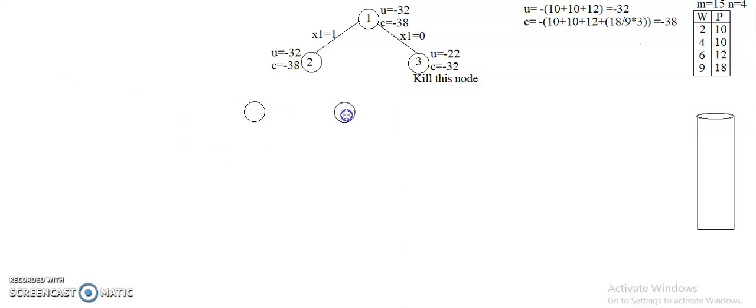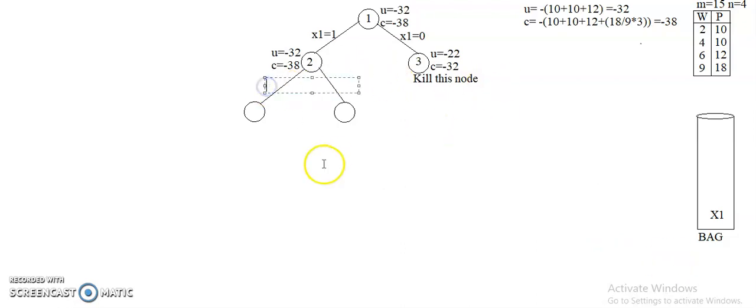Okay. So the second item can be included or cannot be included, let us see. The first item is anyway included, so let me write x1 is included in my knapsack. This is my knapsack, a bag, and x1 is present inside it.